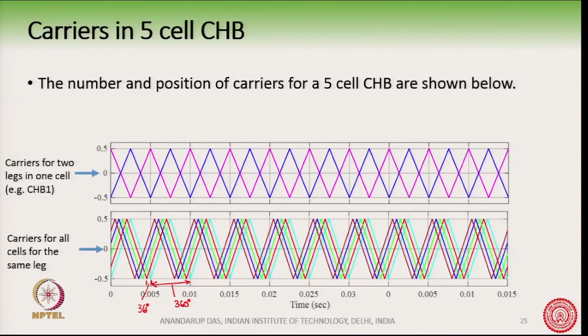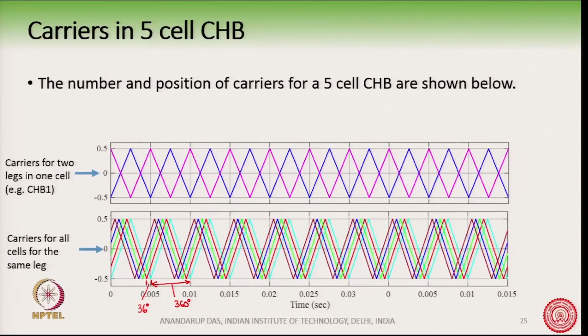So, these are the carriers for all the cells in the same leg. Okay. So, these are the say left leg carriers. For the right leg, for all the 5 cells, we will also have a similar set of 5 carriers, again shifted by 36 degree from each other.